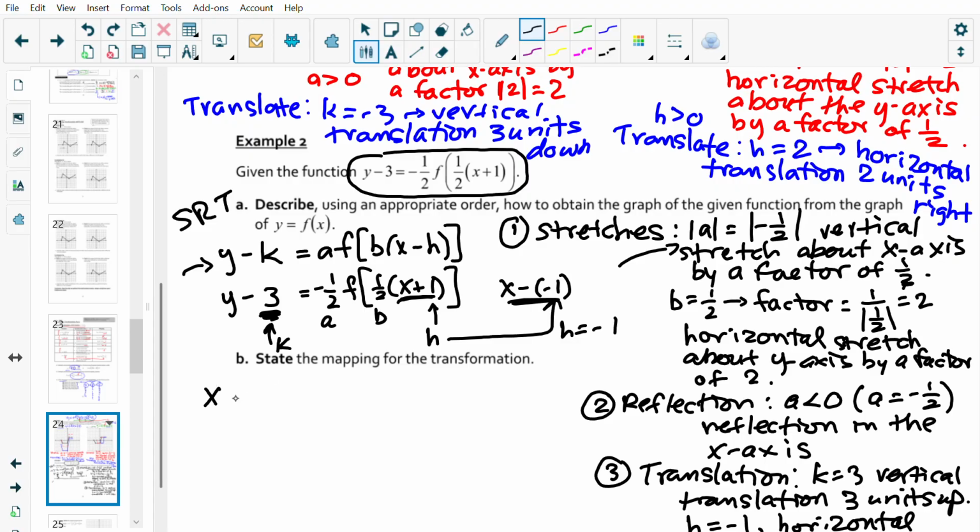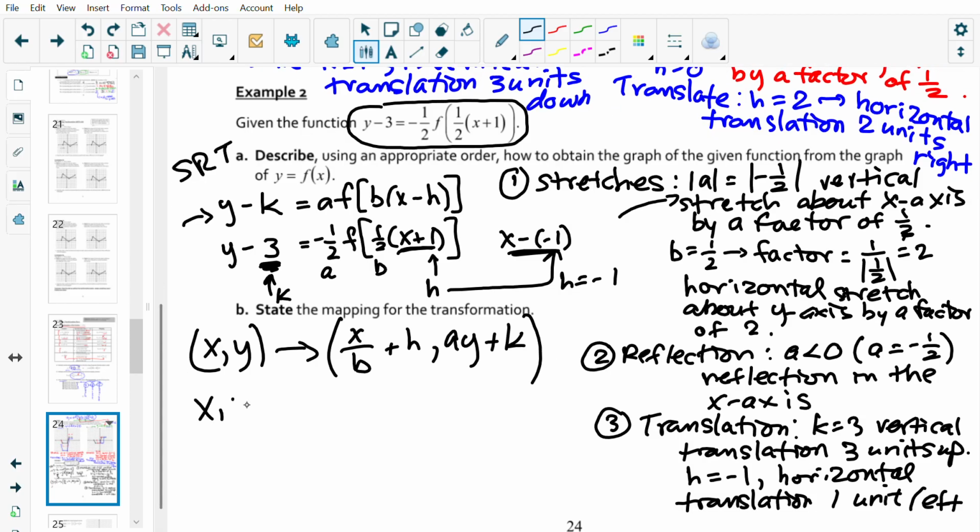Okay, state the mapping for the transformation. So we're going to use the mapping notation that goes with this general transformation model. When I have x, y, and it's transformed into the new function, it's in the form x divided by b plus h, a y plus k. Let's fill in all the values. So x divided by b, what's b? 1/2.